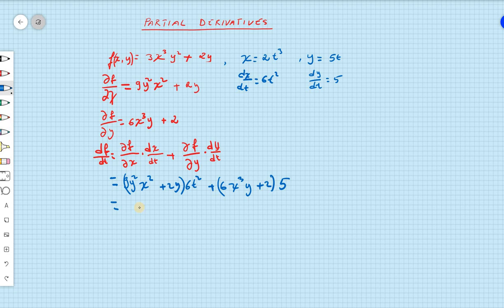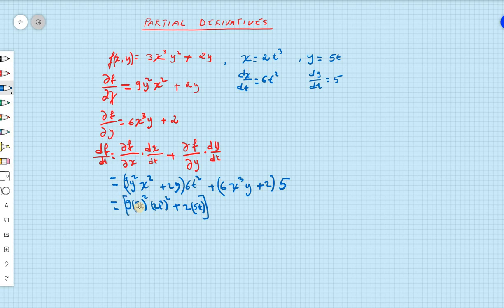It will be 9 times y, which is 5t, and that squared, x is 2t cubed, all that squared, plus 2y, which is 5t. So you just replace those values in it.